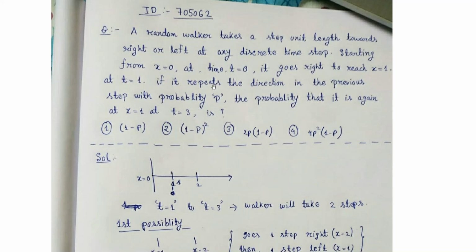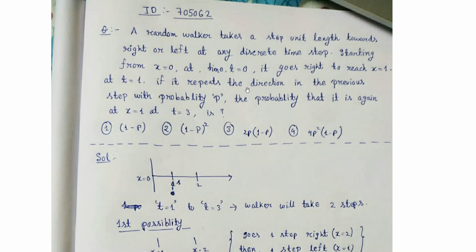One thing I want to point out is the meaning of this particular line, that it repeats the direction of the previous step with probability p. What was the previous step? The previous step was the random walker going to the right side.